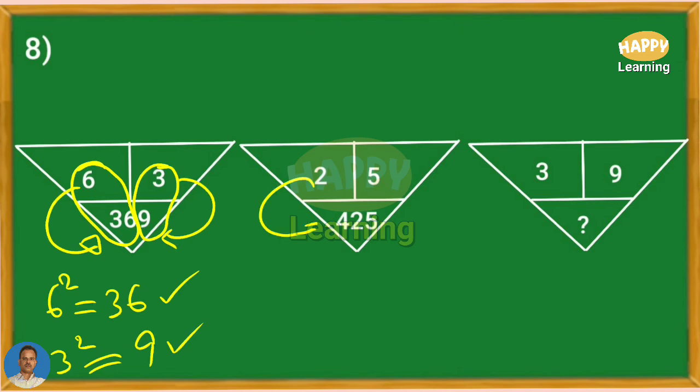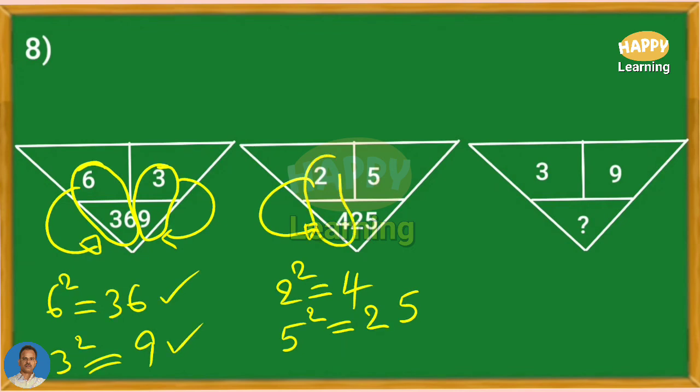2 square equal to 4, and 5 square equal to 25. So these numbers are related. So 2 square equal to 4, 5 square equal to 25 is satisfied.